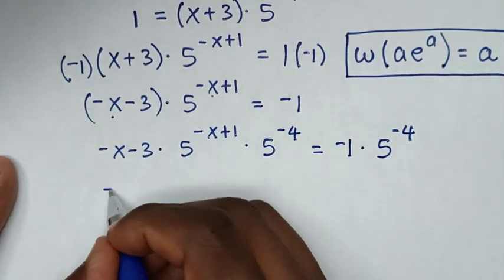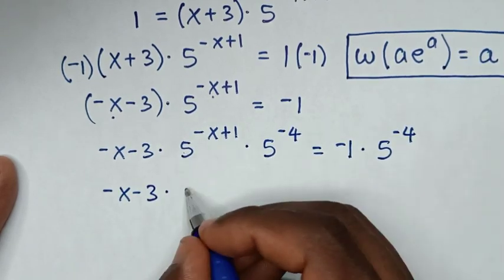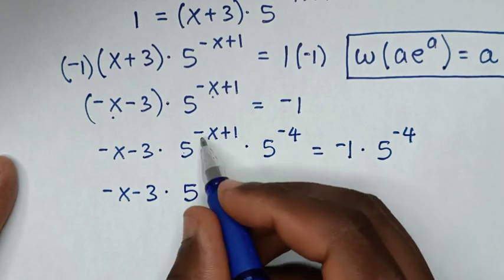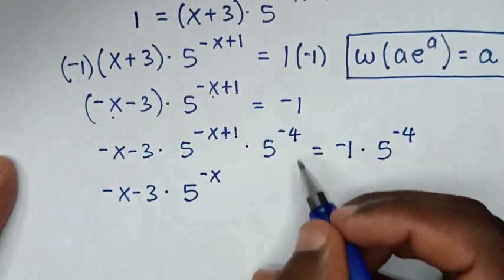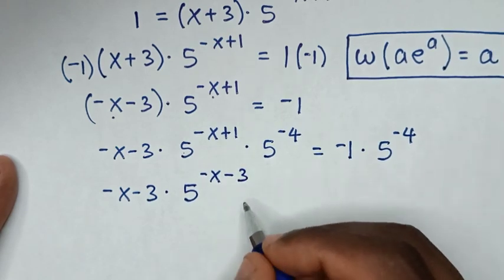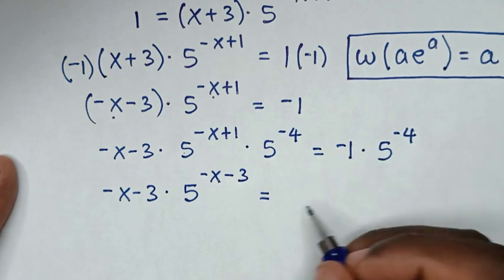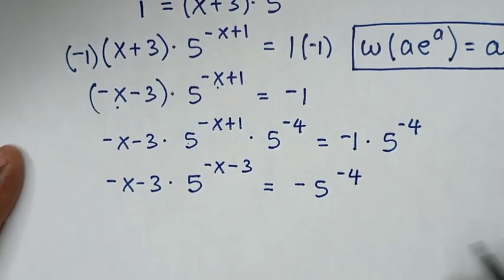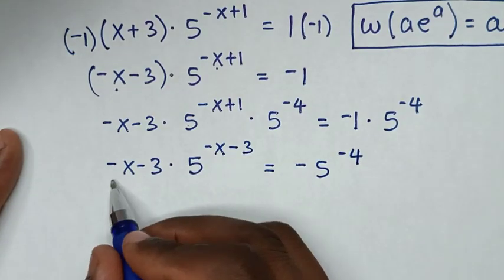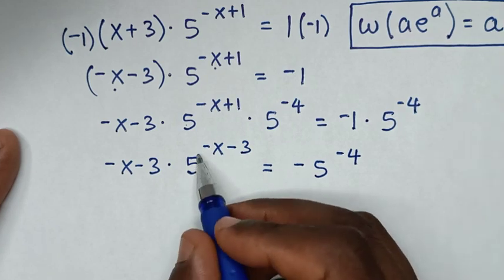Then it will be (−x − 3) times the same base 5, then the power is (−x + 1) plus (−4), which is −x − 3, equal to negative 1 times 5^(−4), so negative 5^(−4). Now here we have the same base and same power, but here it is 5.